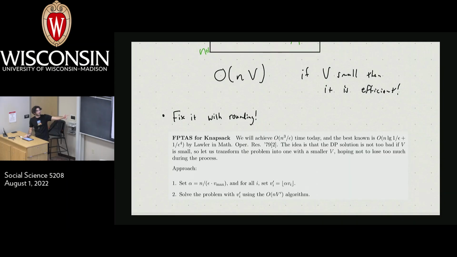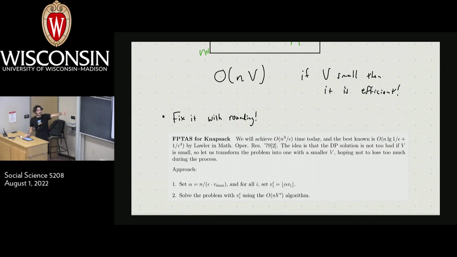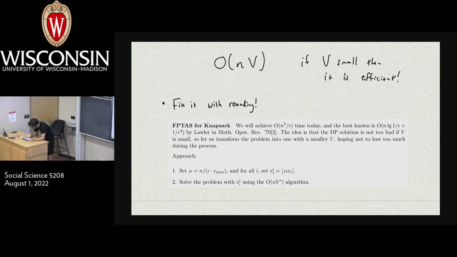We'll round the rewards so that the V is small, and then just run that original algorithm. If we round them down to a smaller V, then hopefully we won't lose too much during the process. It's not going to be exactly correct anymore, but it should be close. That's the hope.